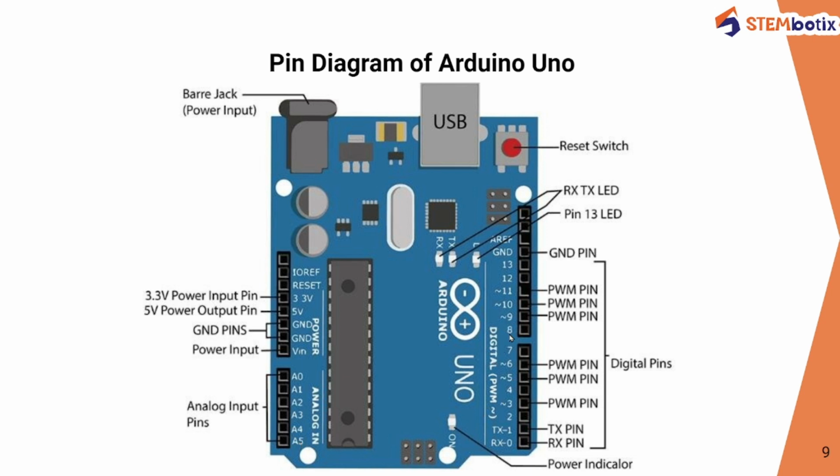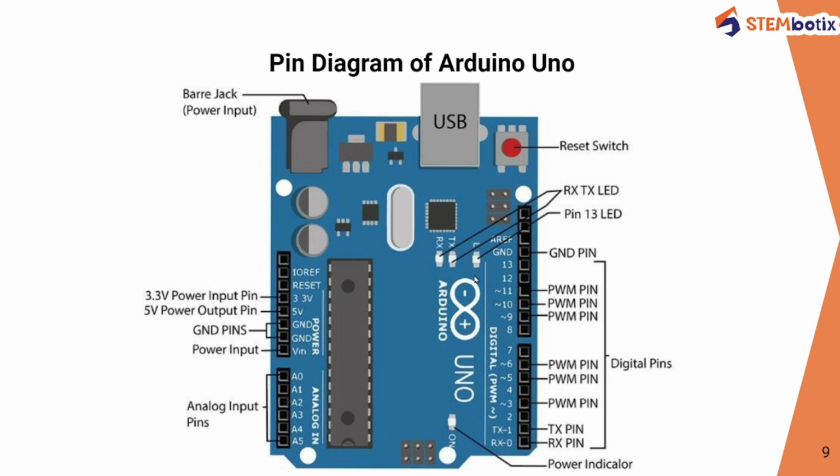In digital, there is no D, there is just 0 to 13 numbering. But for analog pins, you have the letter A along with the number. So A0, A1, A2, A3, A4, and A5. These are the six analog pins, and these are input pins only, means from here you can give input.